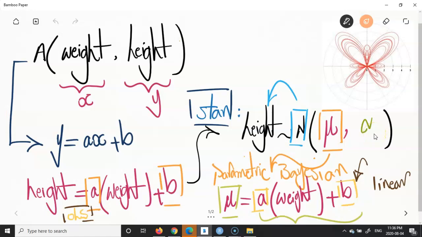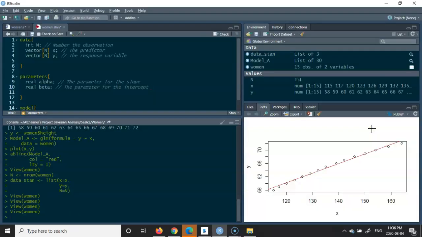In the Bayesian model that we have, we model mu as a parameter of the normal distribution by a linear equation, but we do not model the measure of the dispersion around the central mean. Although we do not model this, we still have to define it.